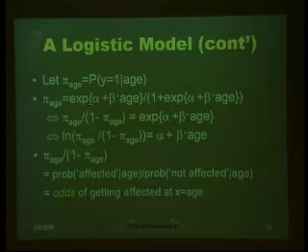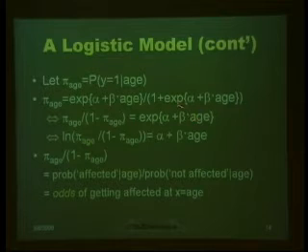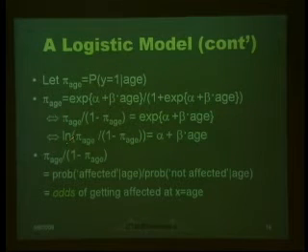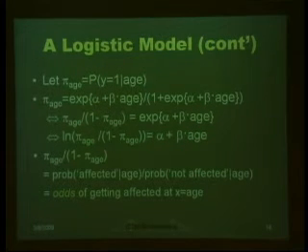Do a little algebra and you can see pi of age divided by 1 minus pi of age becomes the exponential of alpha plus beta times age. And if I take the log transform on both sides, you will get the log of this equals alpha plus beta times age. The right side becomes a linear function of age.